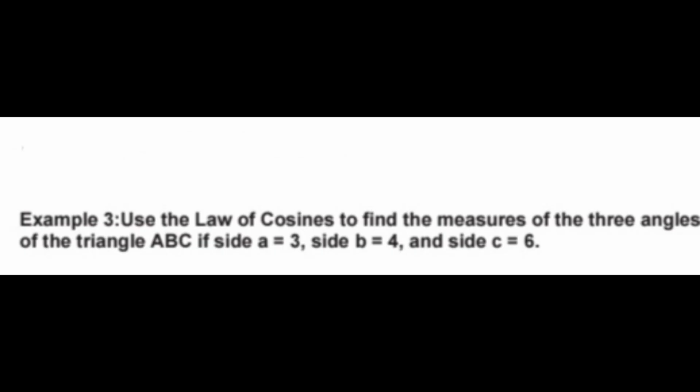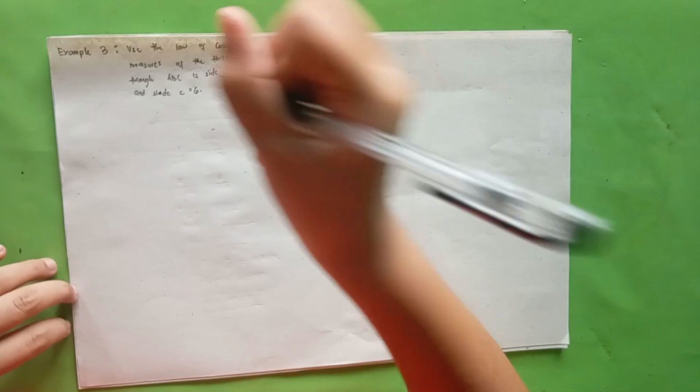Example number 3. Use the law of cosines to find the measures of the three angles of the triangle ABC if side A is equal to 3, side B is equal to 4, and side C is equal to 6.